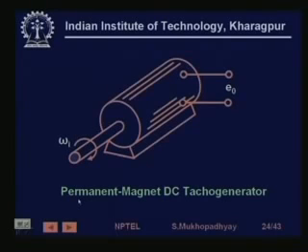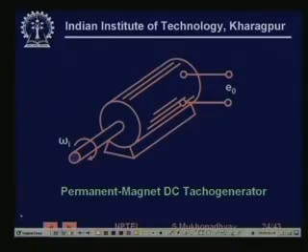Typically, a somewhat similar principle is used in probably the most common sensor for sensing motor speed, which is the permanent magnet DC tacho generator. It is nothing but a DC generator, where the case is slightly different. In the previous case, the coils were fixed and the magnet was moving.